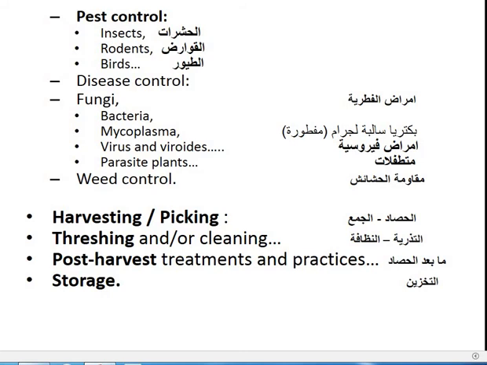We also have virus diseases, viroids, and parasitic plants. Another practice we do is weed control.